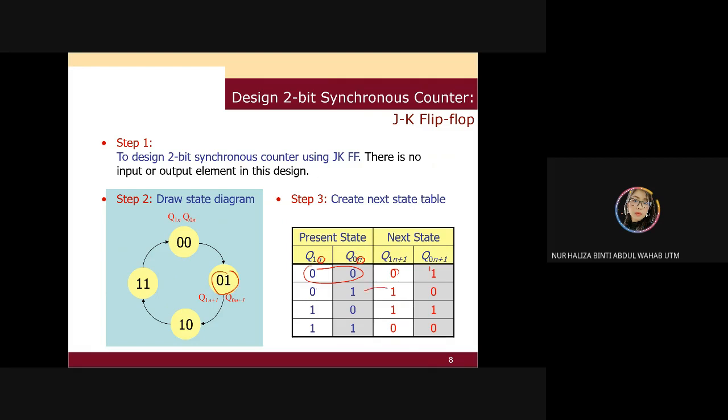You're going to go to 1, 0. And after that, you have the 1, 0 here. You're going to go to 1, 1. And another one is 1, 1. You're going to go to 0, 0. So this is the next state table that you need to create.